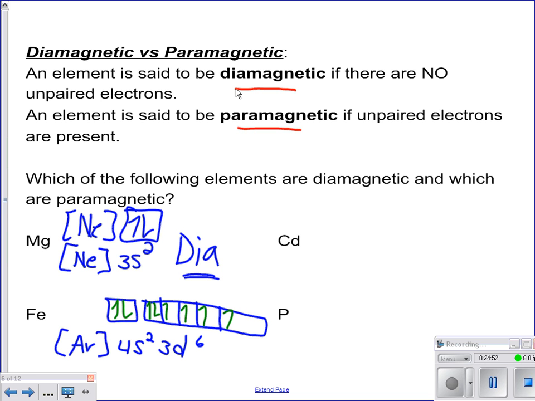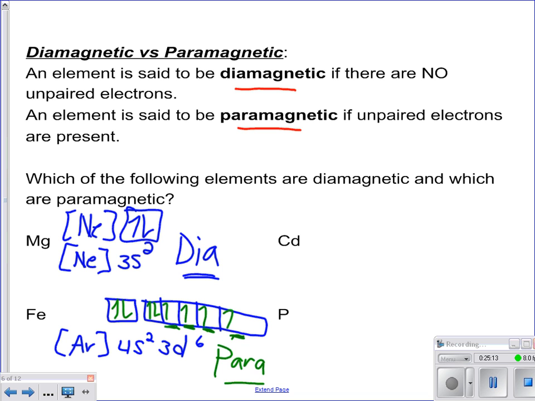Do you have any unpaired electrons? Yeah, all 4 of these are considered unpaired electrons. That's what we mean by unpaired electrons. So this one would actually be considered paramagnetic. It produces the magnetic field.